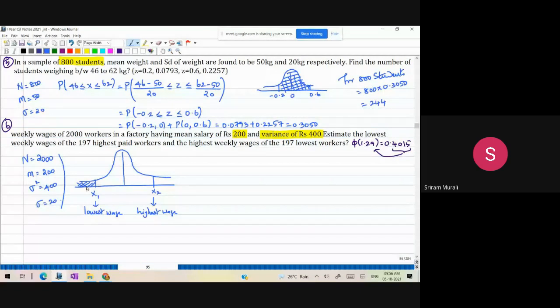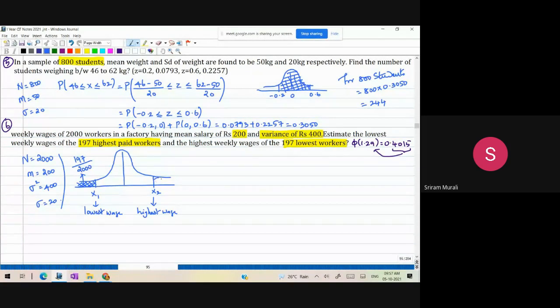You know, this is given. What is given here? Estimate lowest weekly wages of 197 highest paid workers, 197 highest paid workers here in 2000. In the same way, this is also stated: highest weekly wages of 197 lowest workers. In the highest salary, what is the lowest? In the lowest salary, how many of them are highest?